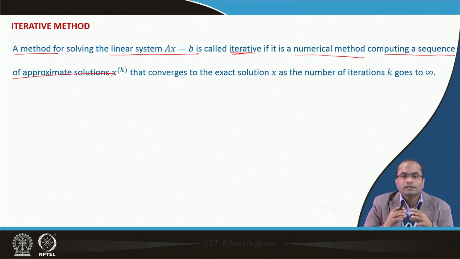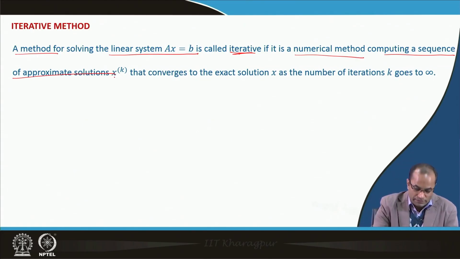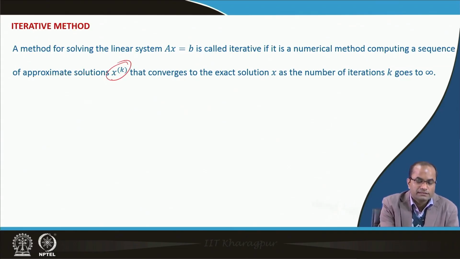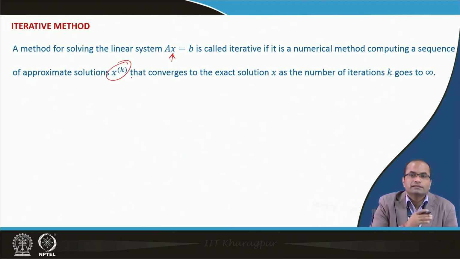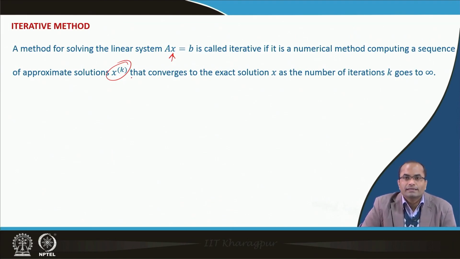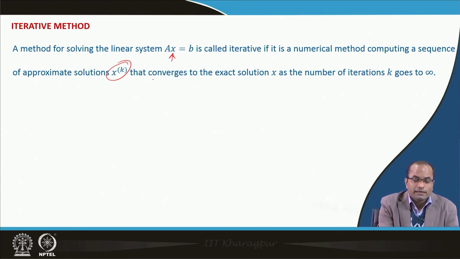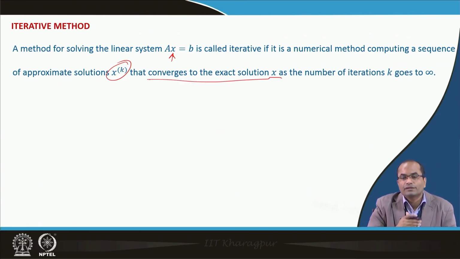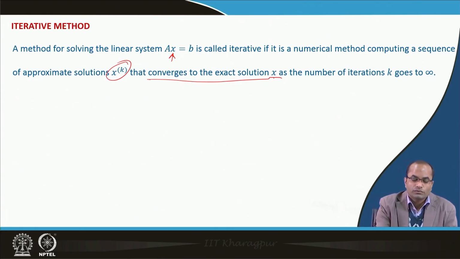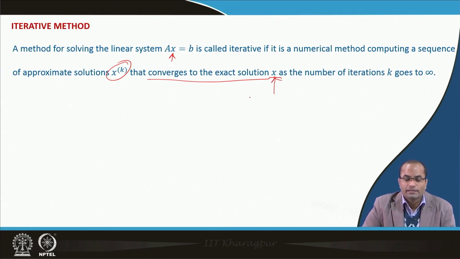Here x is the vector which is the solution of this system, and x k is the sequence approximating x: x 1, x 2, x 3 and so on, in such a way that it should converge to the exact solution as the number of iterations goes to infinity.